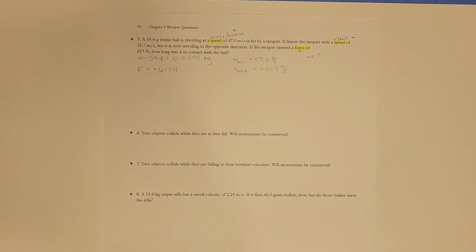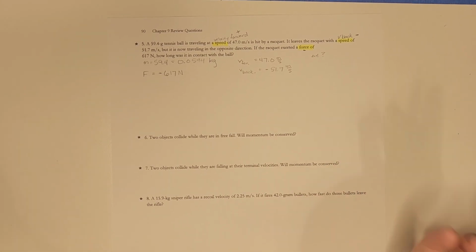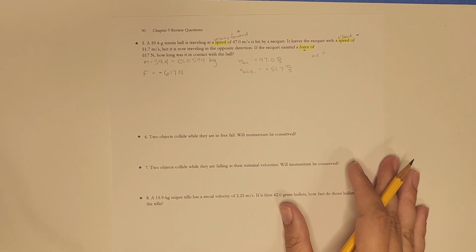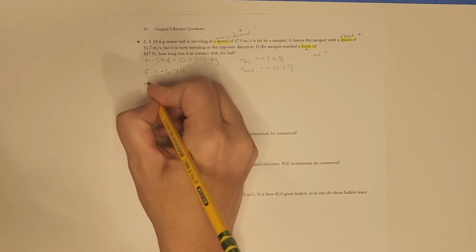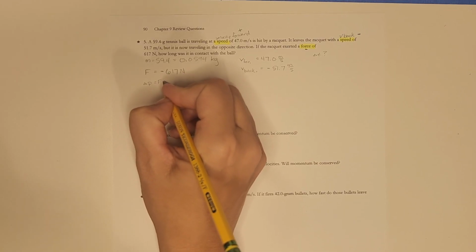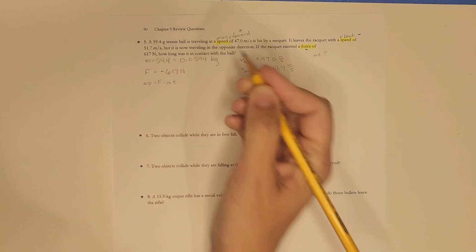So where do we begin here? Well, we do have one equation that includes force and time that we've learned from this chapter, and that's equation 9.4, our change in momentum given force. That equation is delta P equals force times the change in time, right?